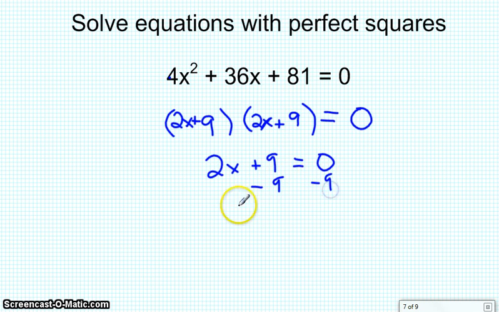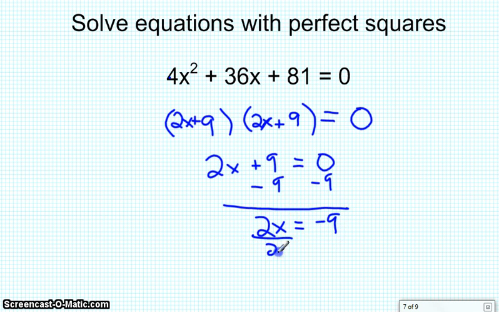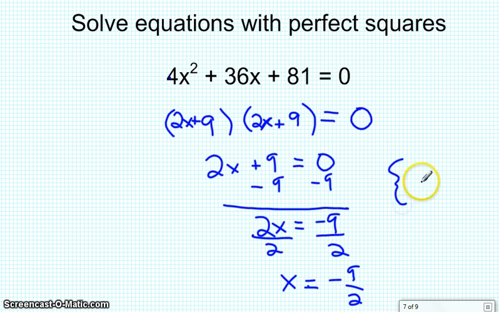I'm going to subtract 9 here. That's going to give me 2x equals negative 9. Divide by 2 on both sides, which will give me x equals negative 9 over 2. So my final answer, and the only thing in the answer set for this one, is going to be negative 9 over 2. And that is how we solve equations using perfect squares.